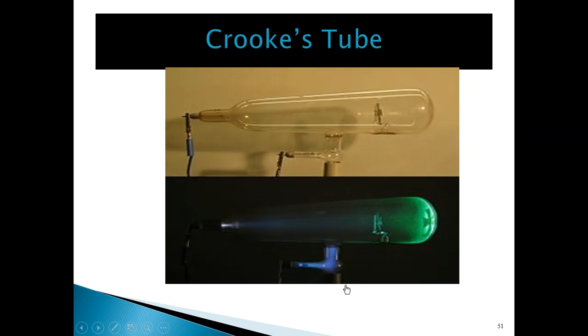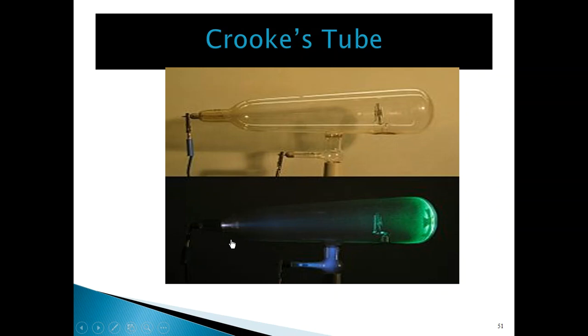So this is what it looks like here. This is the version of Crookes tube, and it consists of a tube which is evacuated, and basically you have two electrodes, one electrode connected here, another electrode connected here, and you basically connect these to an external electrical energy source, and when you flip the switch, this is what happens.